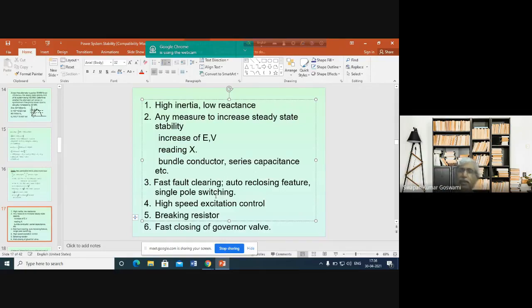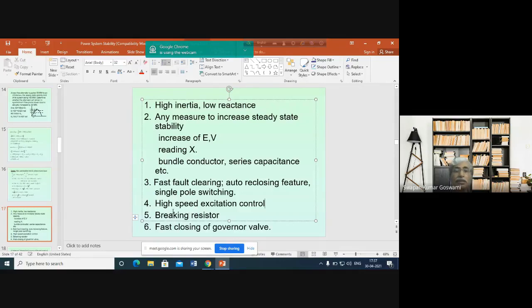But again, the improvement of dynamic stability is also possible through the use of this excitation controller. So excitation controllers are responsible for the dynamic stability problem, and again they are also the source of improvement or correction of the dynamic stability problem.